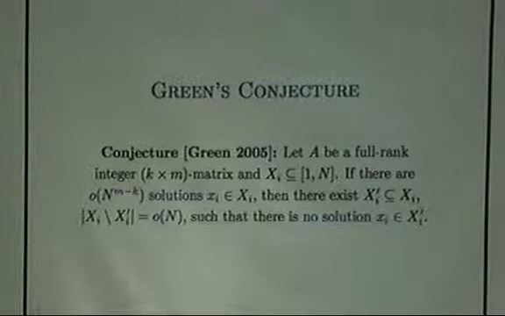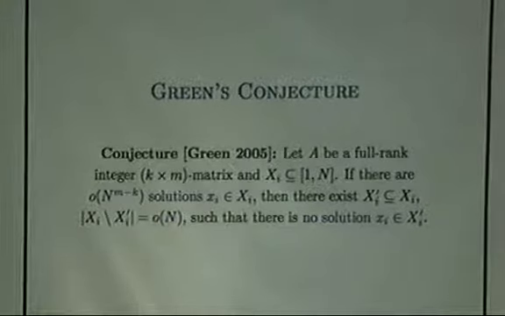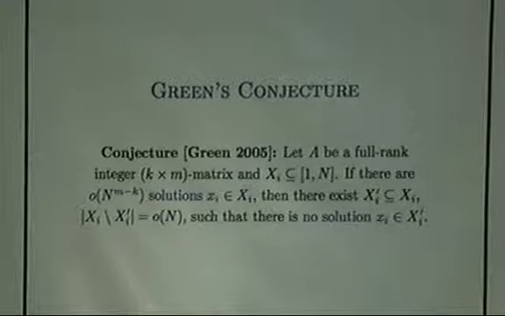And if the number of solutions is asymptotically smaller than this maximum, then again what happens is you can remove few elements, few meaning sublinearly in the length of the intervals from which you choose your sets Xi, such that there will be no solution left. This is the statement as Green conjectured it.